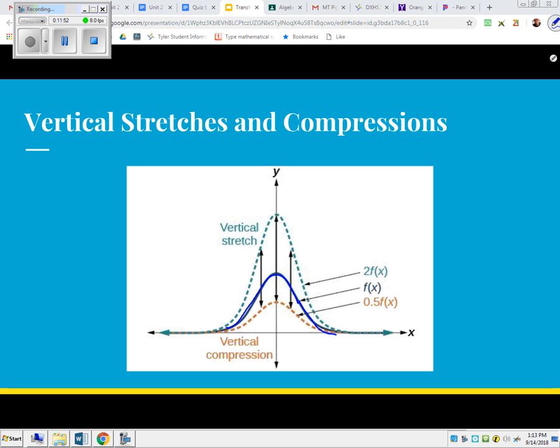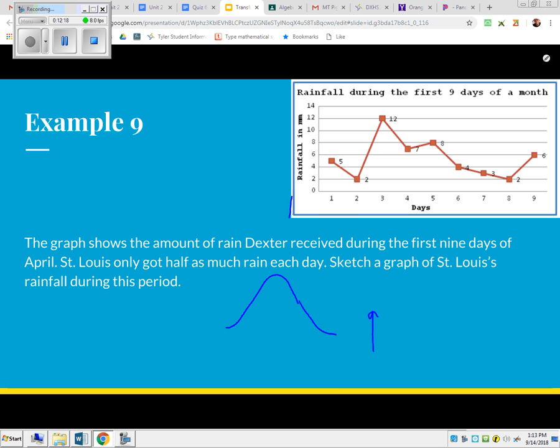If I'm wanting to do a vertical stretch, it's like I'm hanging on to it on the axis, but I'm just making it taller, okay? Changes the shape of it a little bit, looks a little bit skinnier, but it's also taller. Whereas if A is between 0 and 1, like this 1/2 right here, it's like I'm stepping on it, making it smaller and go down, okay? So that's what I want to do with some of these graphs. Let's do it to this line graph.